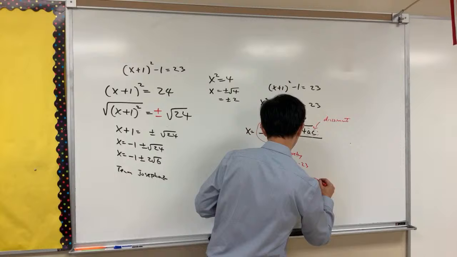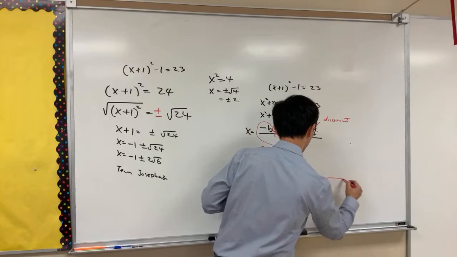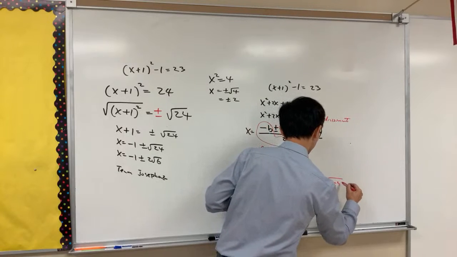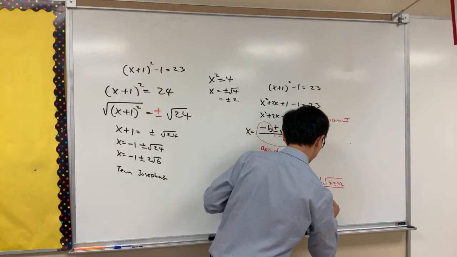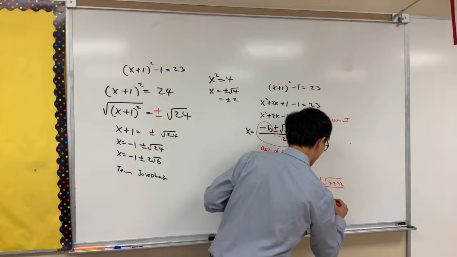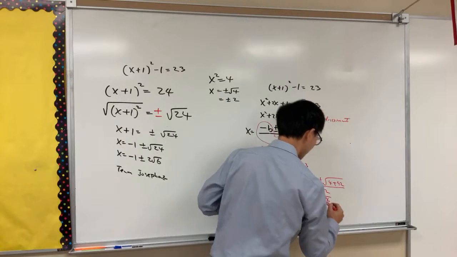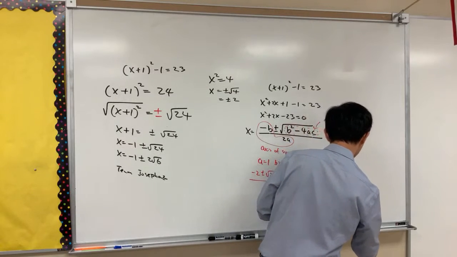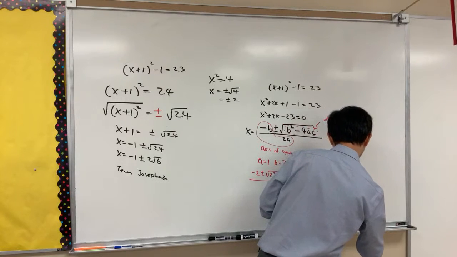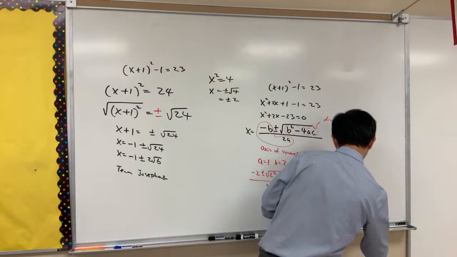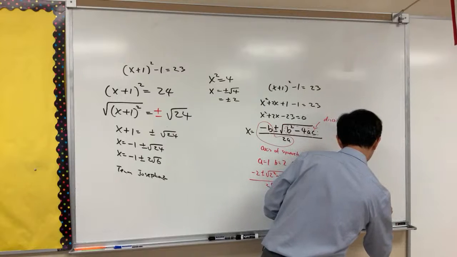And it's gonna be negative 2 plus minus the square root of 4 plus 92, over 2. And that's equal to negative 2 plus minus square root of 96 over 2. And then x is equal to negative 1 plus minus 2 square root of 6.